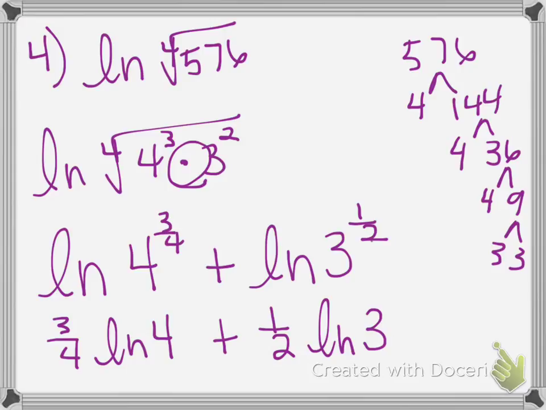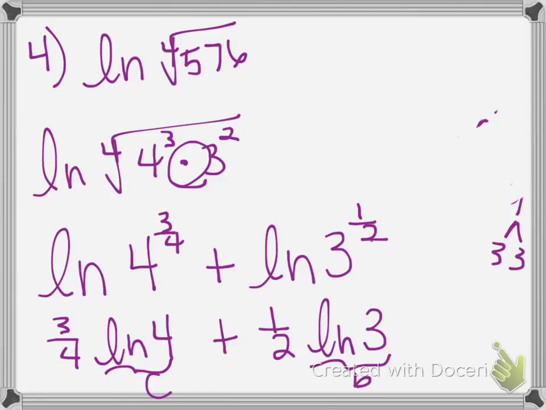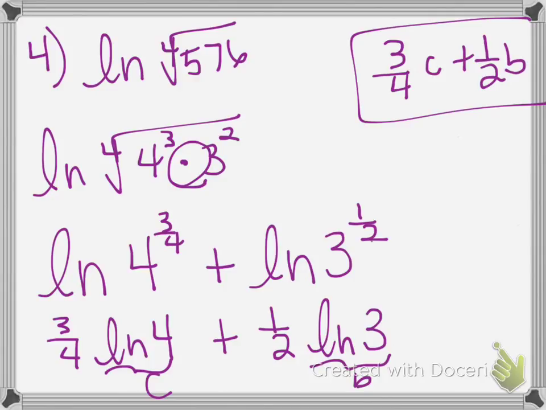And then at this point, I can replace the ln 4 with c and ln 3 with b. So for my final answer, I'm going to erase this side work so that I can keep it all on the same slide. And I end up with 3/4 c plus 1/2 b as my final answer. So that wraps up the properties of logarithms.